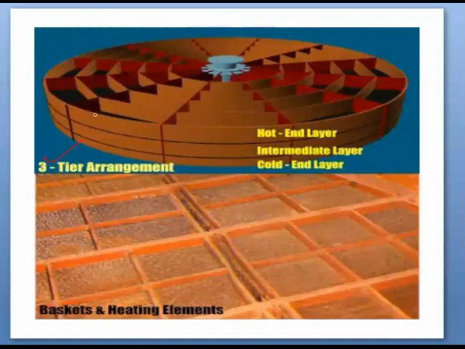In the upper part, the hot end, the air comes in contact with the hot flue gas. Then there is an intermediate layer, this one, and the bottommost is the cold end layer.